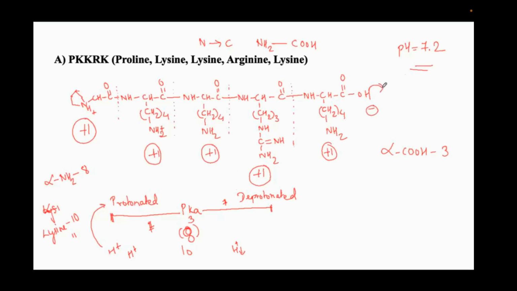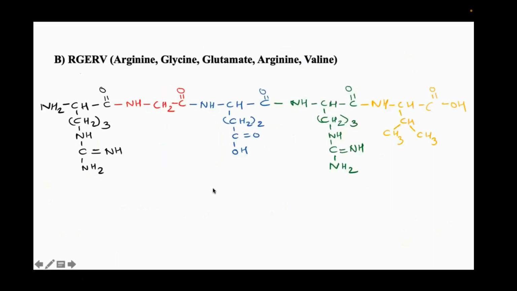This proton will get abstracted and it will be O minus. So the overall charge of this peptide will be +4. This +4 is known as the maximum positive charge density of this peptide, PKKRK.